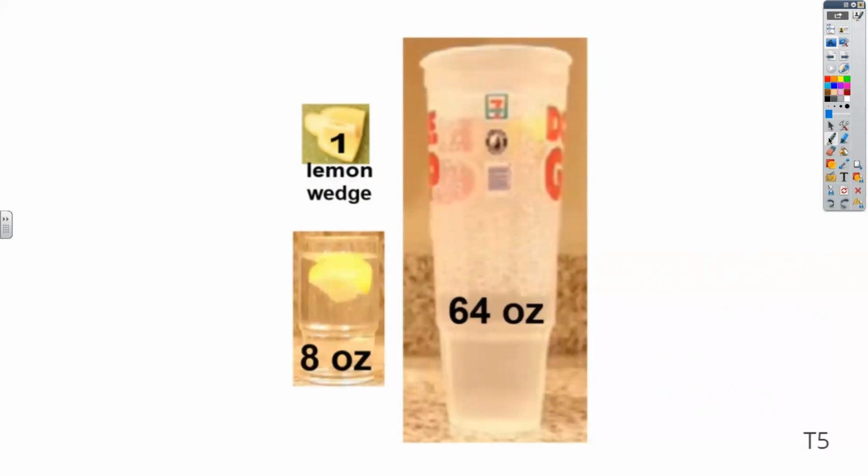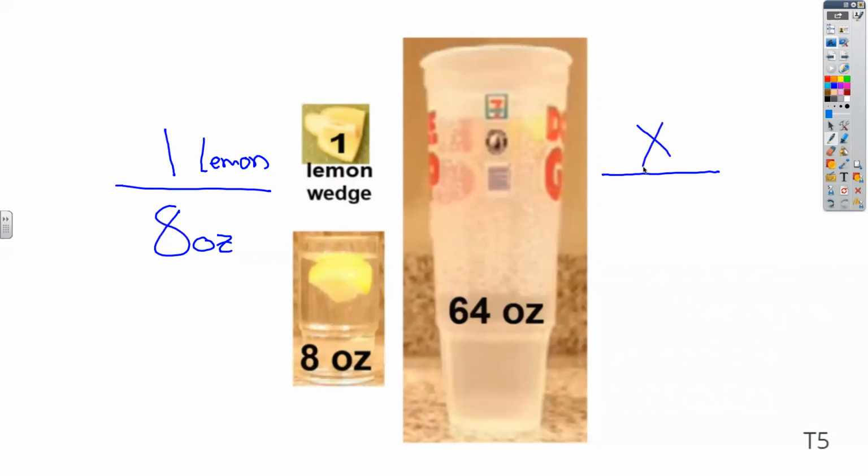The ratio for the first one was 1 lemon wedge, correct? 1 lemon wedge to 8 ounces of water. That's one of the ratios. You're going to compare it to another ratio. This one for the big cup. Well, we don't know how many lemons. But do we know how many ounces of water? We do. It is 64 ounces of water. So now we have to solve. How do we figure that out?